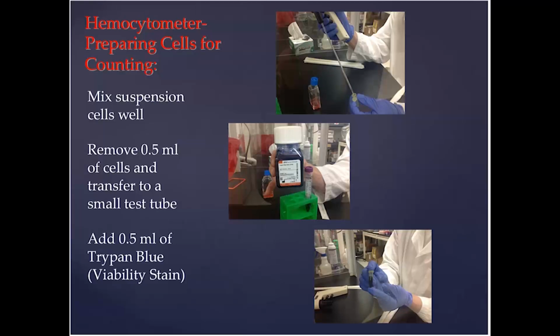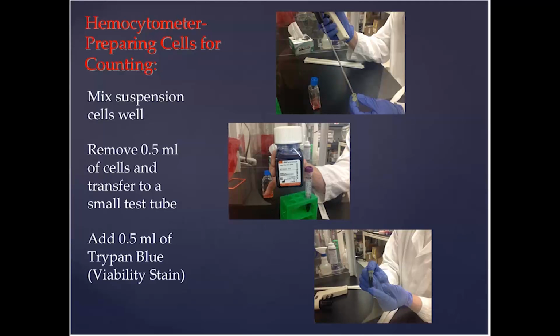So the first thing you'll do is take your flask and mix the cells up by rocking the flask back and forth a couple of times to make sure the cells are well mixed and well suspended. And then the next thing is we will remove 1/2 ml or 0.5 ml of cells and transfer the cells to a small test tube. We typically use a 1 ml pipette for that, and remove 1/2 ml to put into a small microfuge tube.